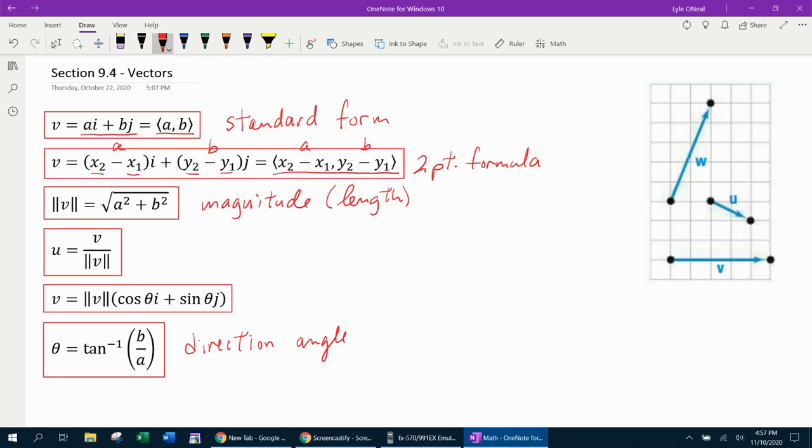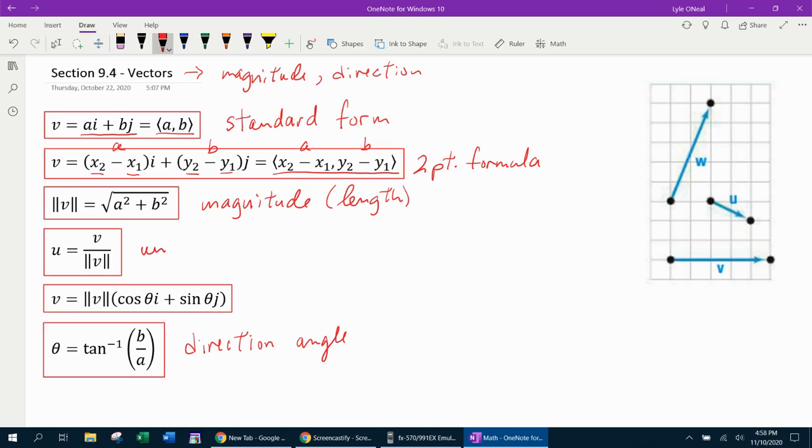And the reason I jumped to that is because every vector has a magnitude and a direction. That's kind of important to know. Vectors have a magnitude, which is a length or a speed, something like that, and then the direction that it's heading in. All right, next formula.